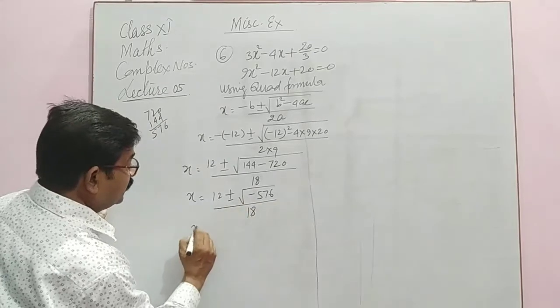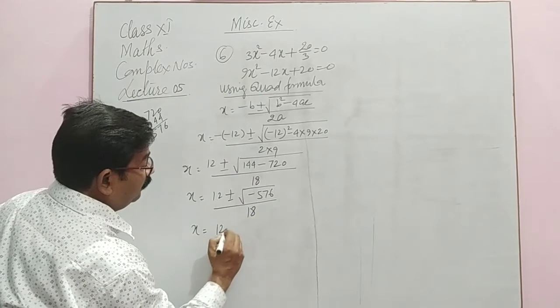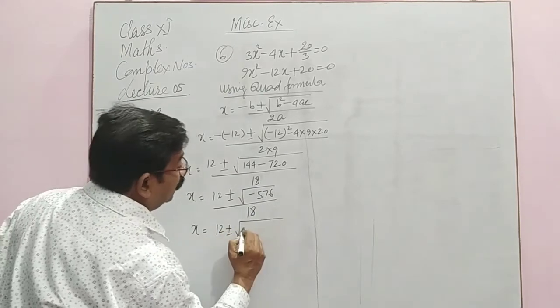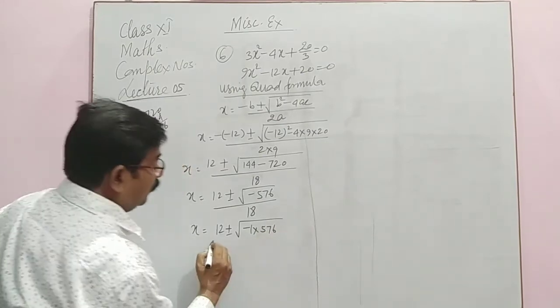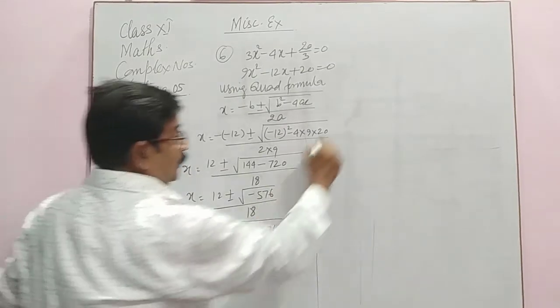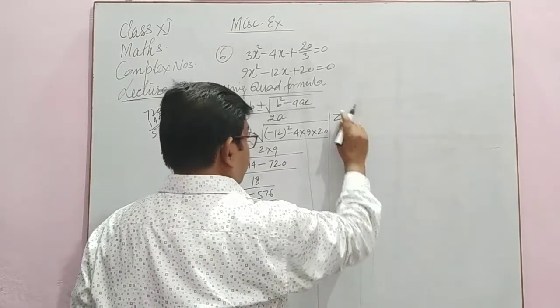This can be written as x is equal to 12 plus minus under root minus 1 into 576 upon 18.